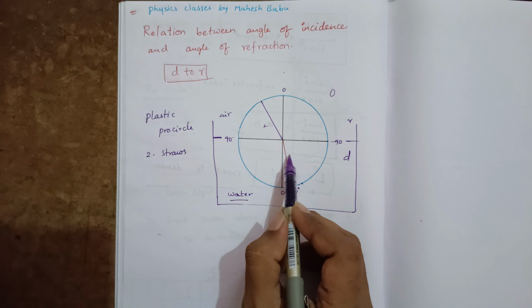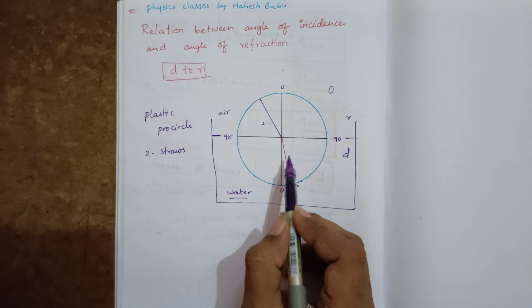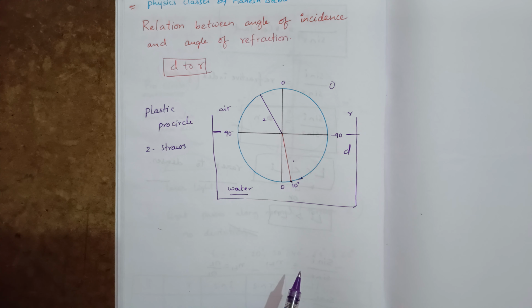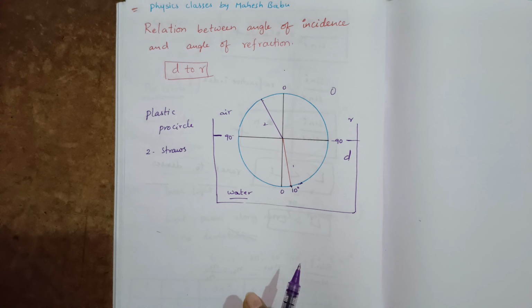No, we see the apparent position. Whenever an object is placed in water, it appears raised from its actual position. We place the second straw straight to the apparent image, so when we remove it out, they won't appear in a straight position.